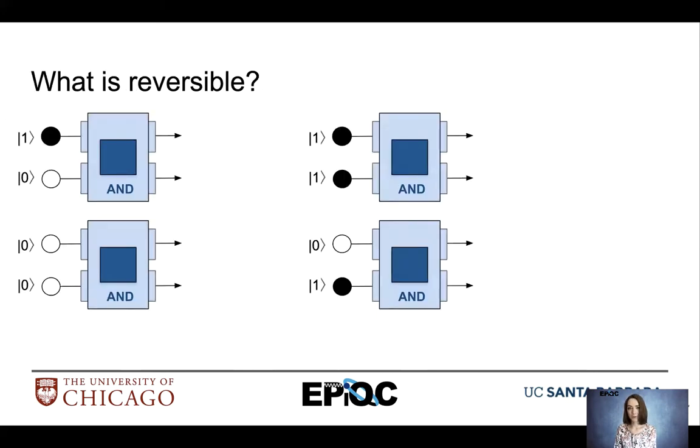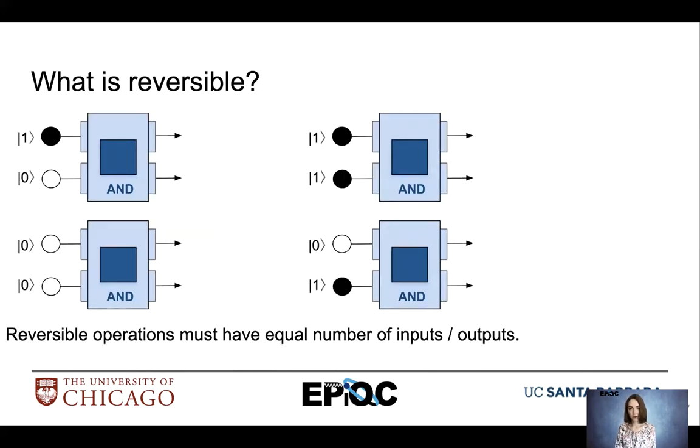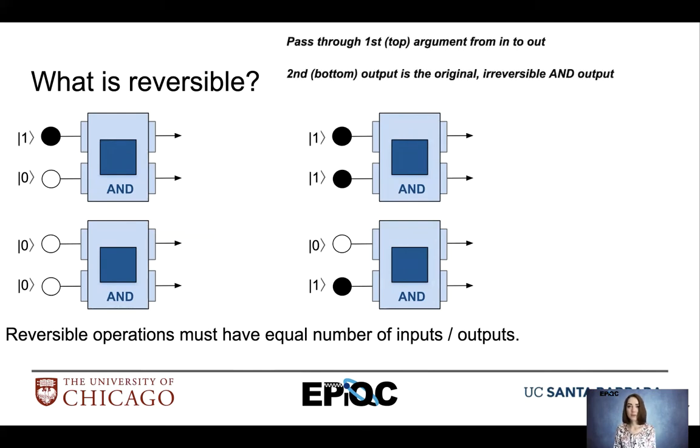So what is reversible? Reversible operations must have an equal number of inputs and outputs. We saw this with our CNOT demonstration and swap operation demonstration. So here, we're going to try to see if we can give the AND gate the same number of outputs as inputs to make it reversible. We'll start by first passing through the first, or top, argument from in to out.